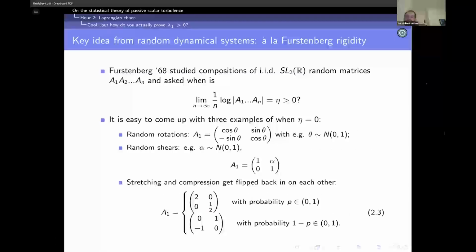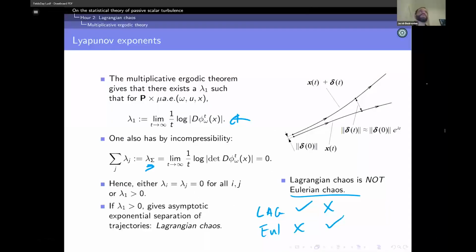All right, so now the key point is we actually have to do this at some point. It's great to talk about all this qualitative theory. Oh yeah, if the Lyapunov exponent is positive, then blah blah blah. But the hard reality is that it's really hard to prove that a given system has a positive Lyapunov exponent. So in deterministic systems, this is almost impossible.